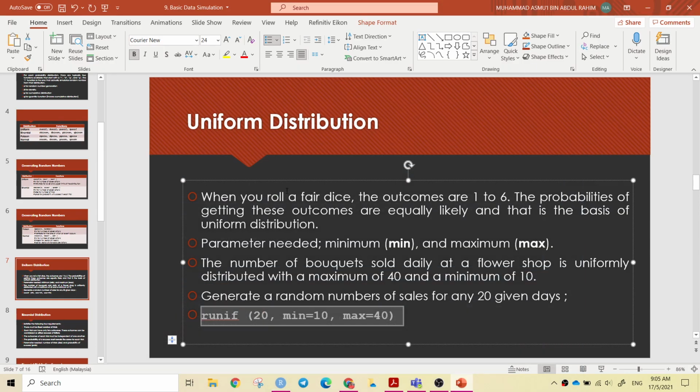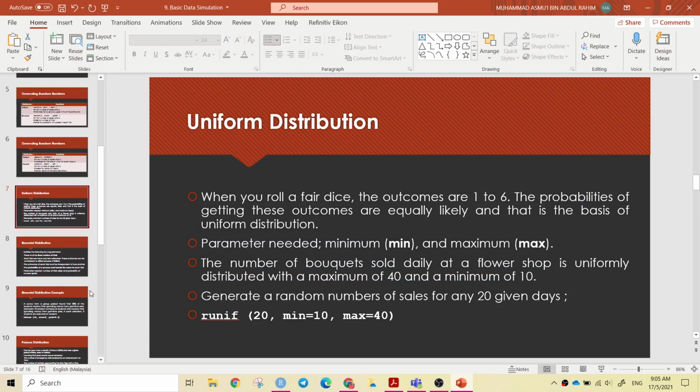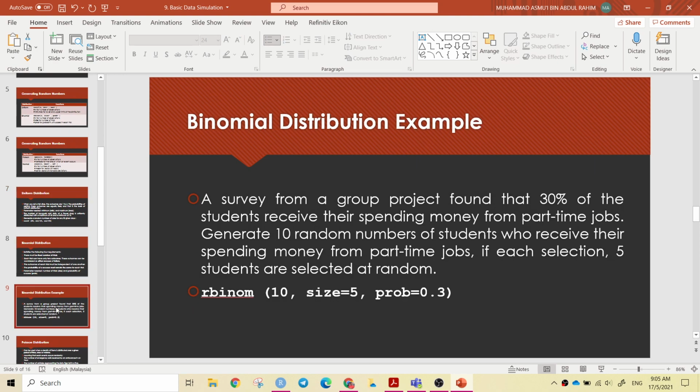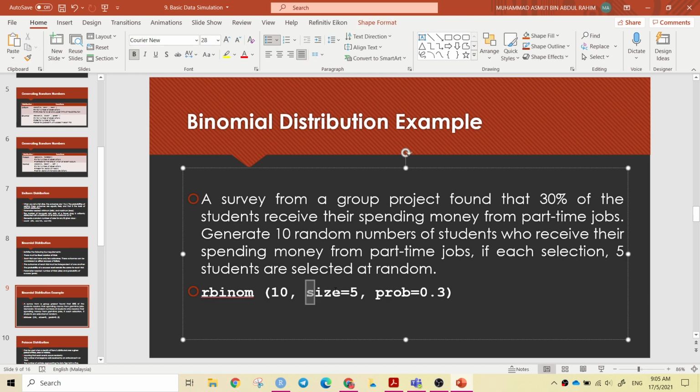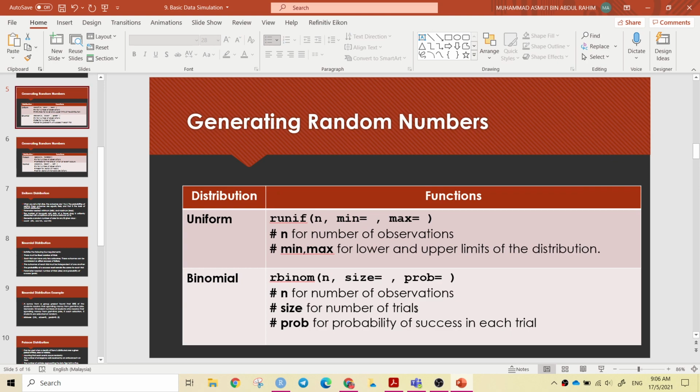So let's take a look at binomial distribution. I'll just go to the example. You can read later. For binomial distribution, the parameters that I need are the size, the number of trials, and I need the probability of success.